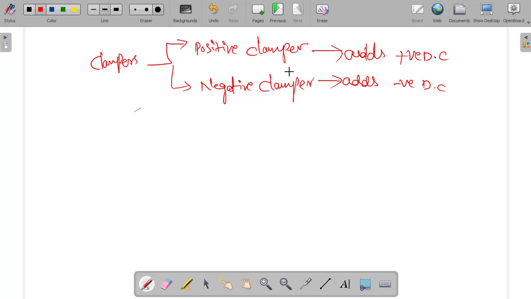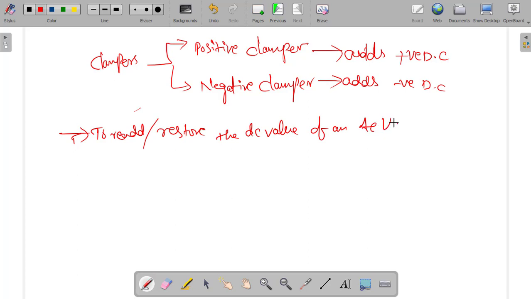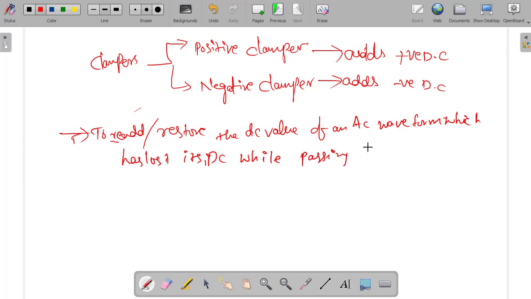So, on the whole, you can define the clamper as a circuit to re-add or restore the DC value of an AC waveform which has lost its DC while passing through an electronic circuit.